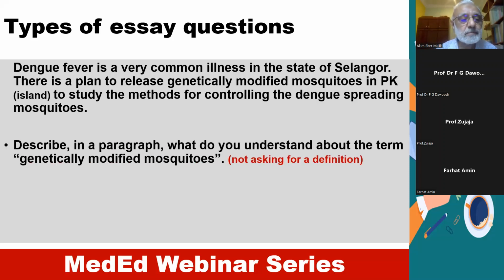The question: describe in a paragraph, what do you understand about the term genetically modified mosquito? If you look at this question, we are not asking for a definition. We are asking for comprehension or understanding. So the student has to describe in his or her own words rather than simply copying the definition.